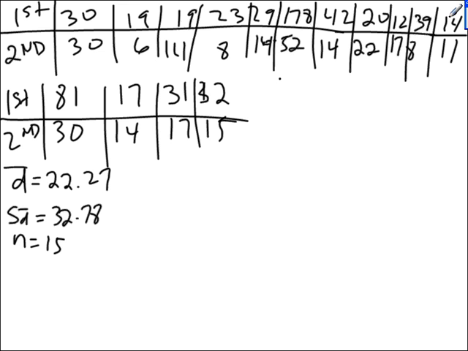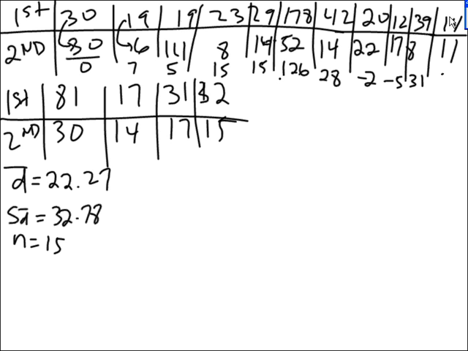Well, you do 30 minus 30 is 0. That's a D. 19 minus 6 is 7. 19 minus 14. 23 minus 8. These numbers that I'm writing down now, those are the D values.